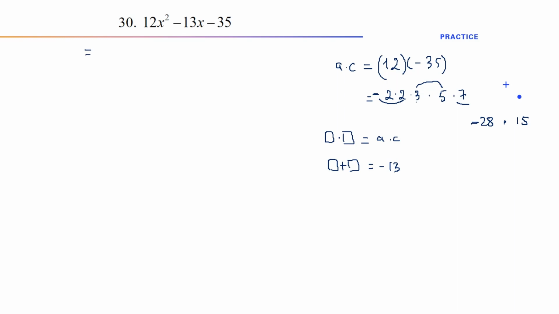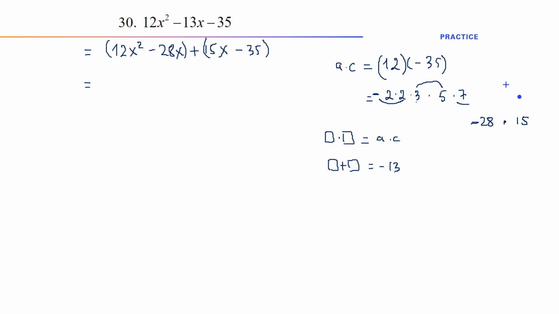So we rewrite 12x squared minus 28x plus 15x minus 35. Now we group the first two and the last two, right?